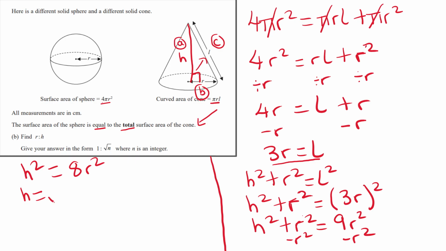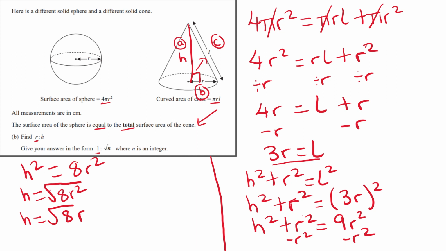So I've now got the square root of 8r squared. This is the square root of 8, and then the square root of r squared is just r, so it's root 8 r. We're almost there. Then it says we need to give our answer in the ratio 1 to the square root of n. So 1 is representing the r.